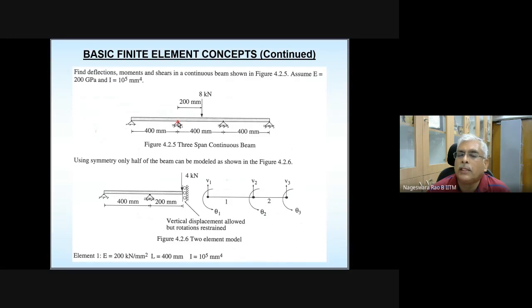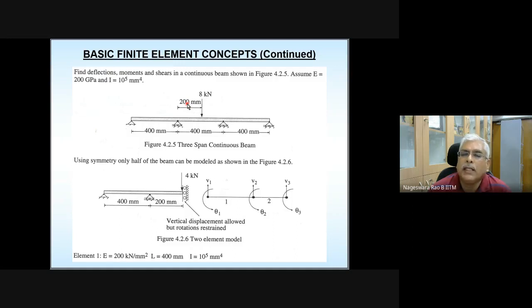Element 2 is joining this node with a node right under the point load. Here 400 is the span between the supports. Taking the middle point, it's going to be 200. Based on the 200 length and flexural rigidity EI, you assemble the stiffness matrix and force vectors.